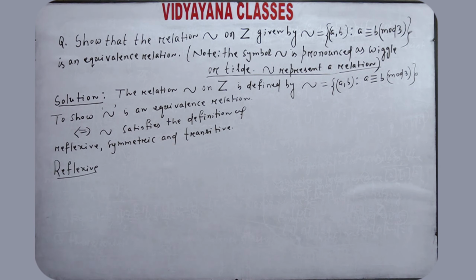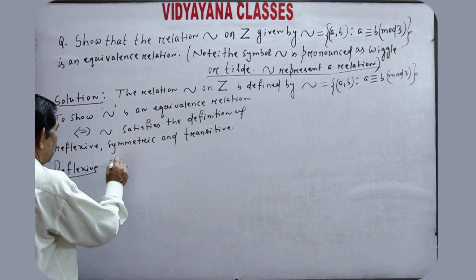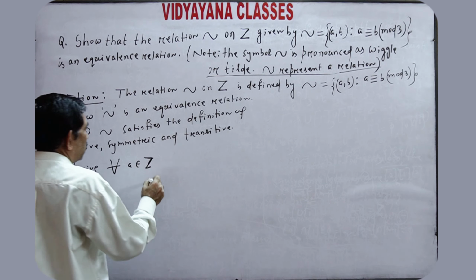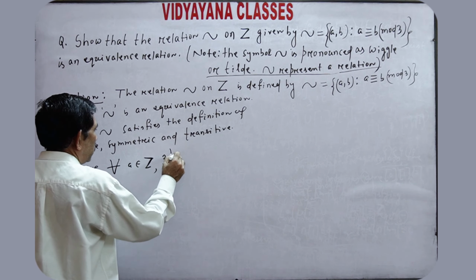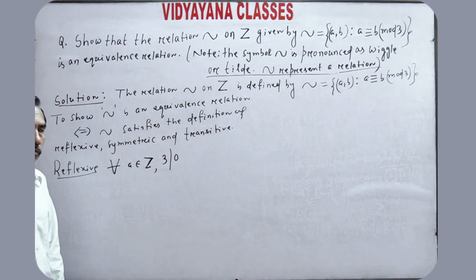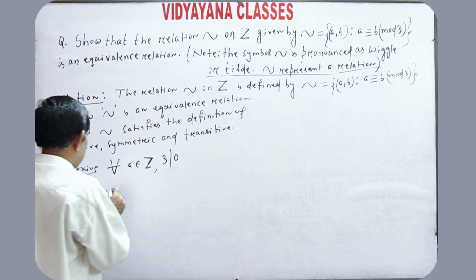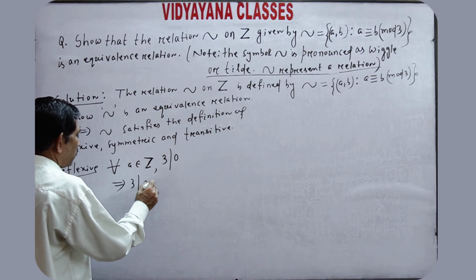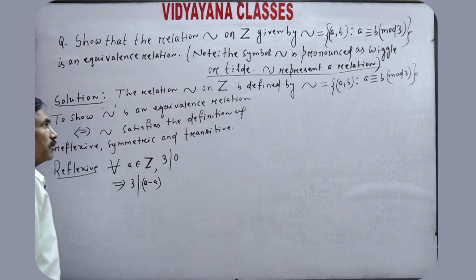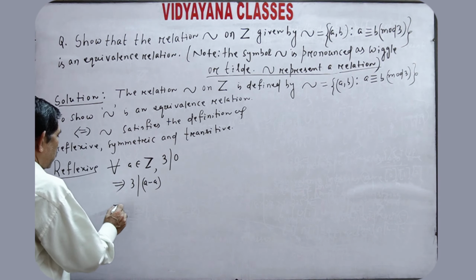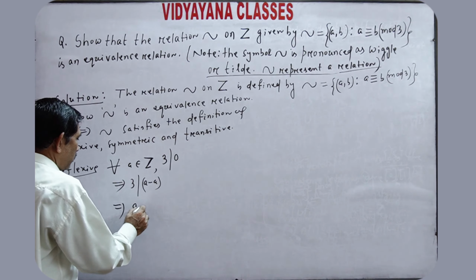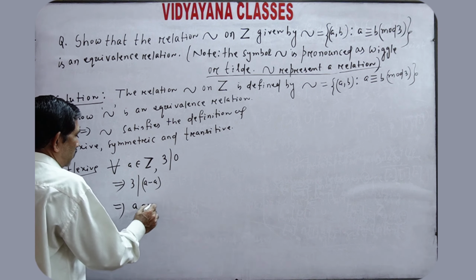First, test for reflexive. For all a belongs to Z, 3 divides 0 is true, which implies 3 divides a minus a, which implies a is related to a.